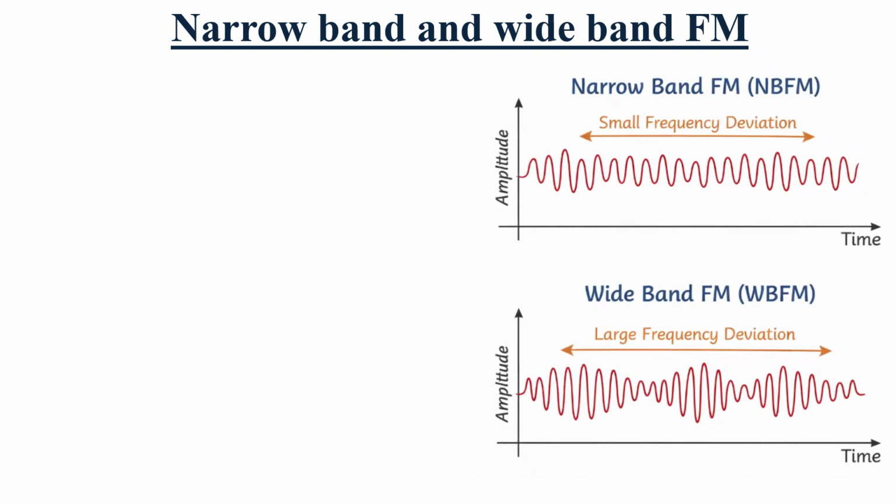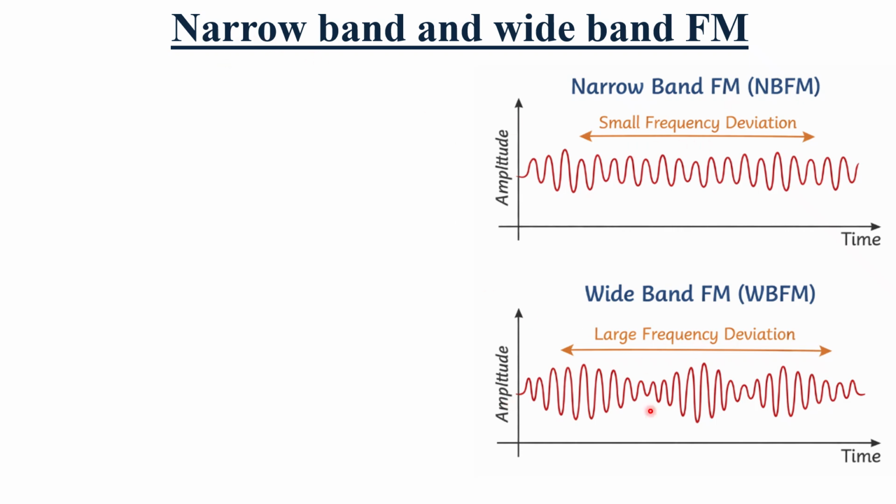Now the problem in the frequency modulation technique is that since the frequency is varying, it is difficult to find the bandwidth. Since the frequency itself is varying, how can we find the bandwidth? This is one of the challenges. If the frequency is varying a little bit, that is called narrow band.